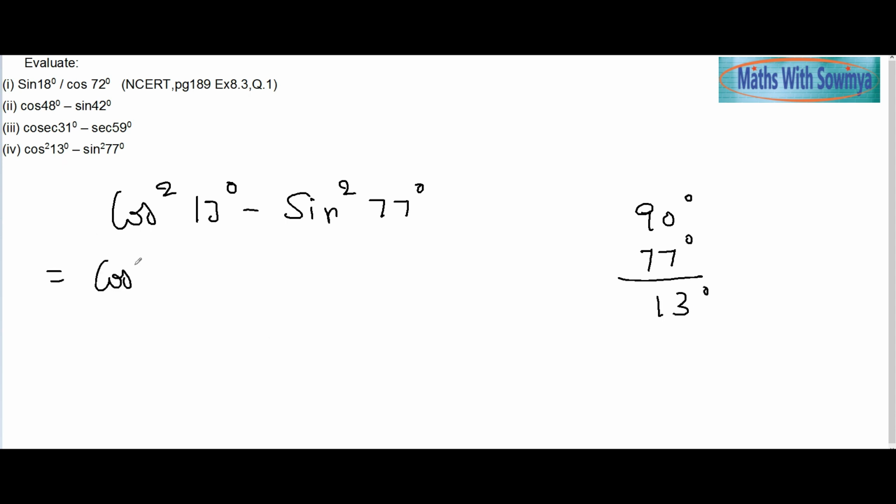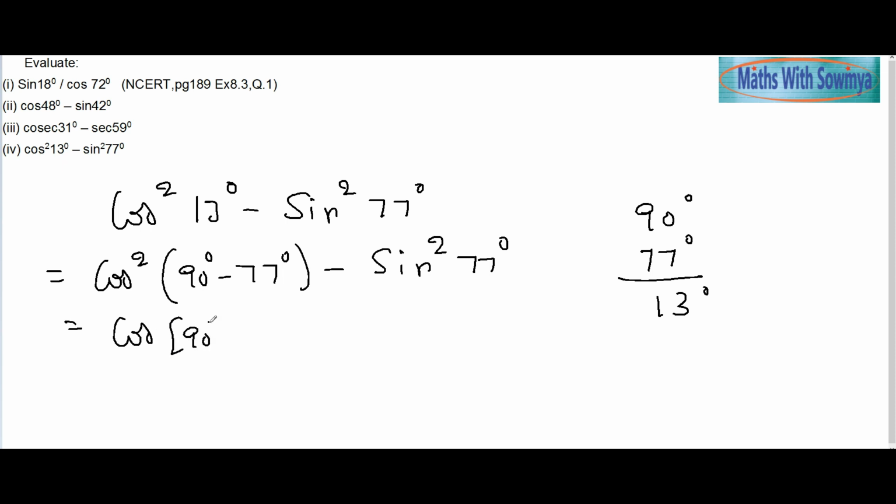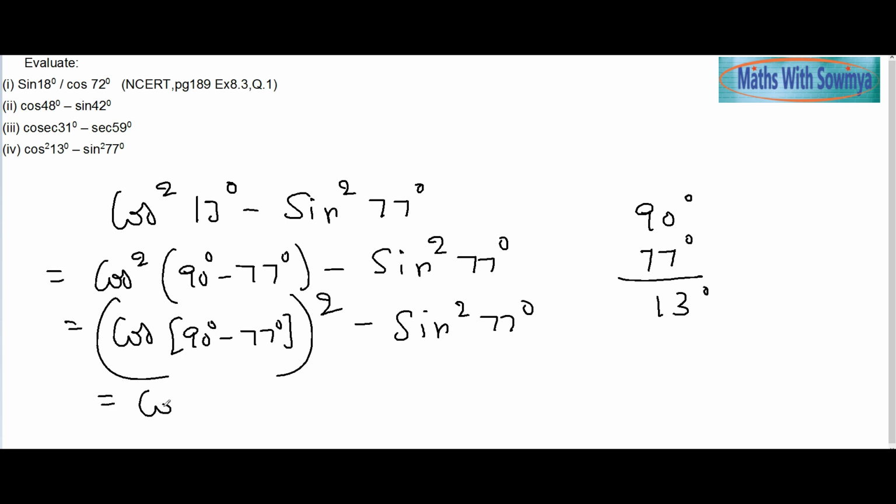So I write it as cos square of 90 degrees minus 77 degrees, minus sin square 77 degrees.